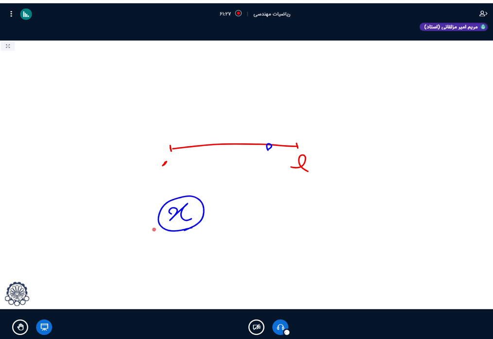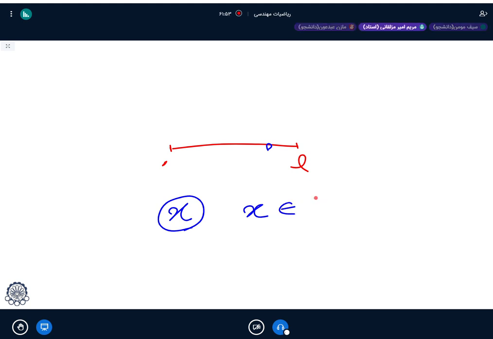Is x, our variable, continuous or discrete? Yes, x is continuous.